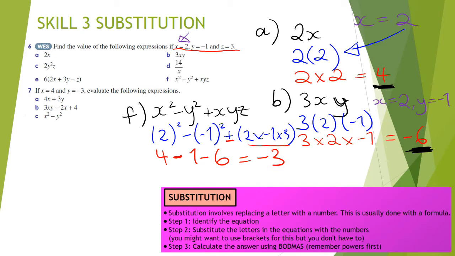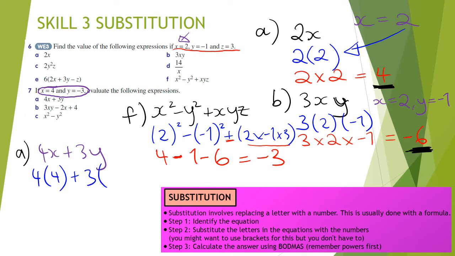With question 7, let's look at part A. We've got different values to substitute. We've got x equals 4 and y equals -3. So the expression is 4x plus 3y. If we substitute, we've got 4, the value of x is 4, and then we add 3, and the value of y is -3.